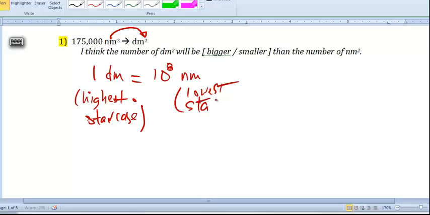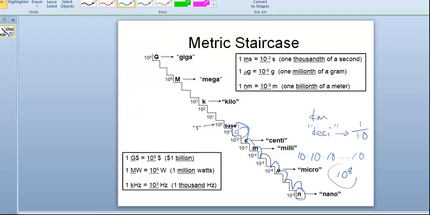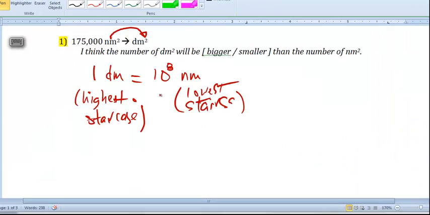Okay, you get the picture. So going back over here, deci is definitely higher than the nano, so we're going to start by writing our equivalent statement with the deci. Okay, let me clean this up a little bit here.